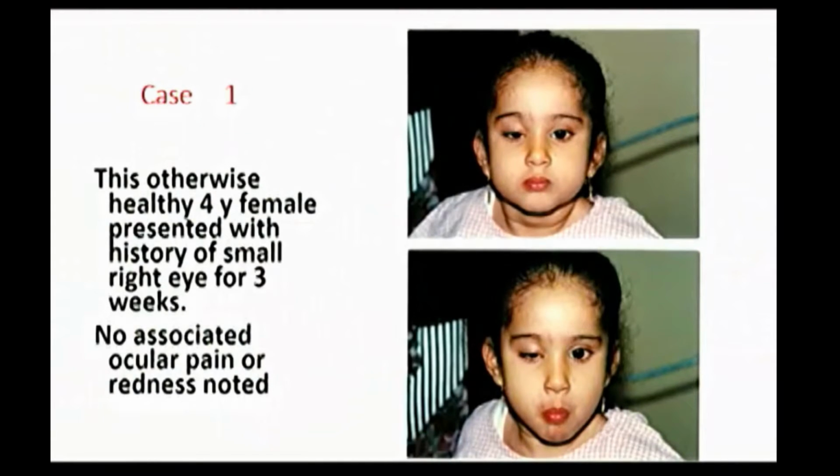This is question number 1, so I cannot answer it, because this is one of the requested questions. Look, what do you see? The 2 eyes are not the same. Is it proptotic? Is it ptotic? Is it swollen?